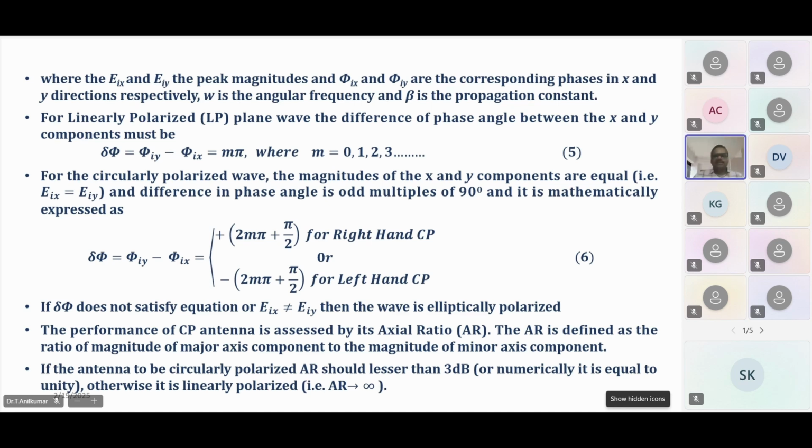So the only thing is you have to bring in a constructional change in order to generate two orthogonal modes. If you bring a constructional change, that is, an asymmetric nature in the generation of EX and EY, then you are able to generate circular polarization. That is the phenomenon on the shape side. There are other techniques also.